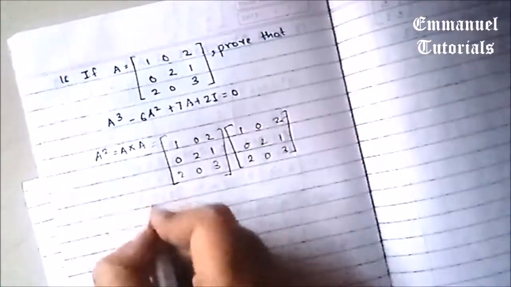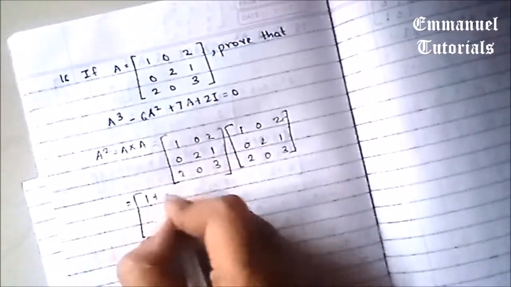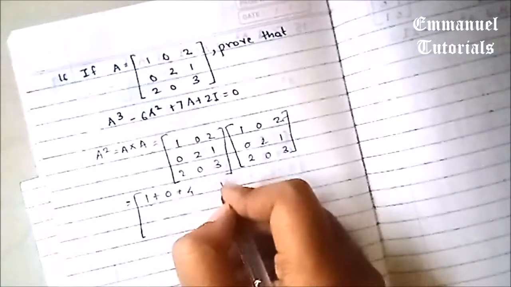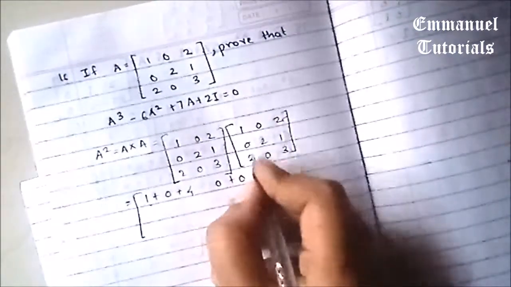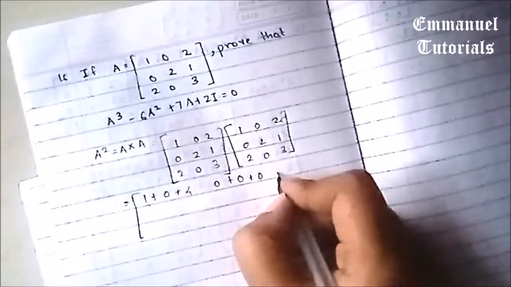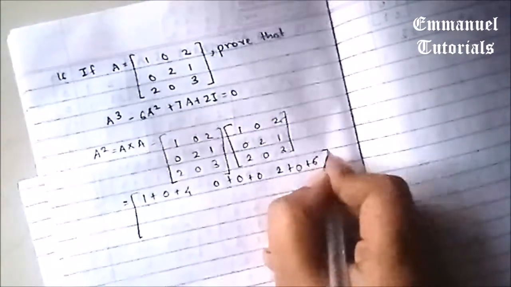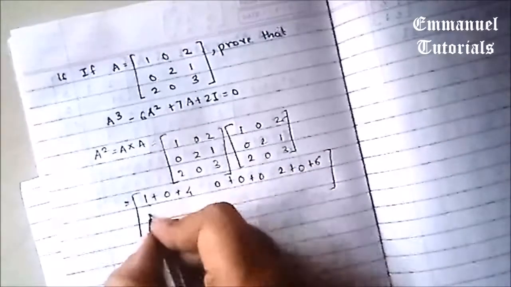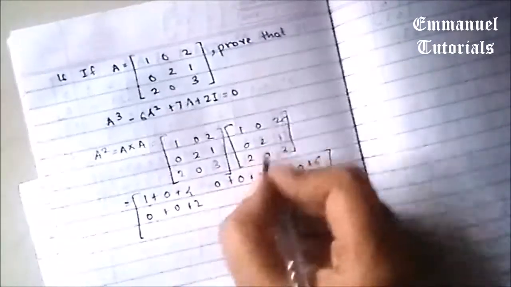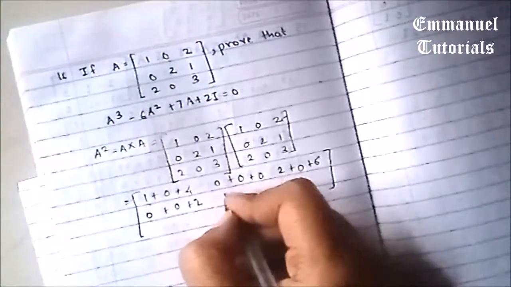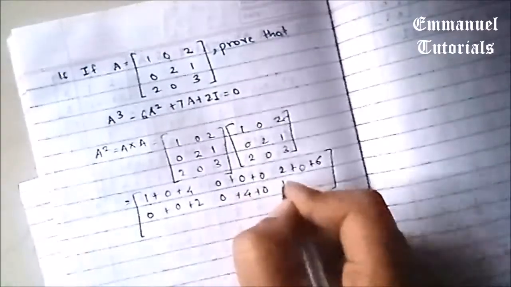Now let's find out the answer. 1 into 1 is 1, plus 0 into 0 is 0, plus 2 into 2 is 4. 1 into 0 is 0, plus 0 into 2 is 0, plus 2 into 0 is 0. 1 into 2 is 2, plus 1 into 0 is 0, plus 2 into 3 is 6. 0 into 1 is 0, plus 2 into 0 is 0, plus 1 into 2 is 2. 0 into 2 is 0. 0 into 0 is 0, plus 2 into 2 is 4, plus 1 into 0 is 0.